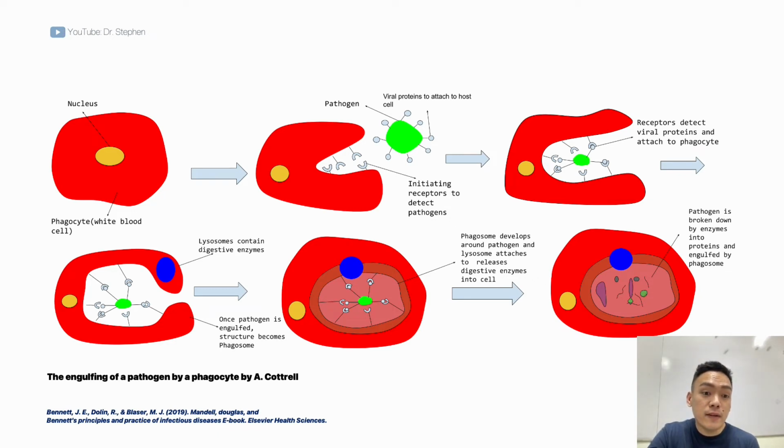Then the phagocyte contains lysosomes that have digestive enzymes. They will become a phagosome. The phagosome develops around the pathogen, and the lysosome attaches to it and releases the digestive enzymes into the cell. Once it finally reaches its purpose, the pathogen is broken down by enzymes into proteins and engulfed by the phagosome.